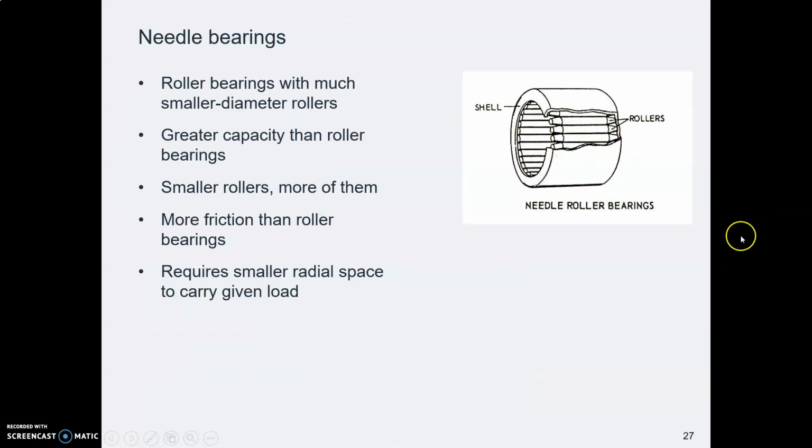Examples. Then needle bearings have really small diameter rollers and a whole bunch of them. They take up less space than cylindrical roller bearings because these needles are so small. And they carry a lot of load because they have a lot of line contact surfaces carrying the load.